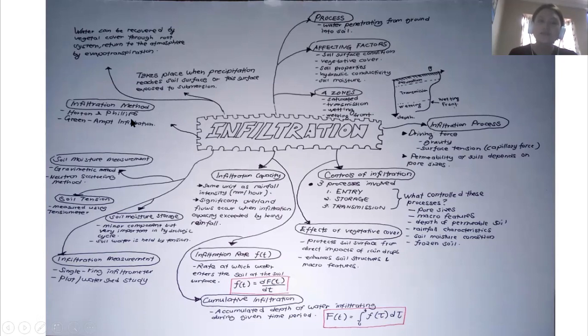The infiltration method consists of two types: the first one is the Horton and Philip method, and next is the Green-Ampt infiltration. That's all for me, and next I will pass this presentation to the next presenter.